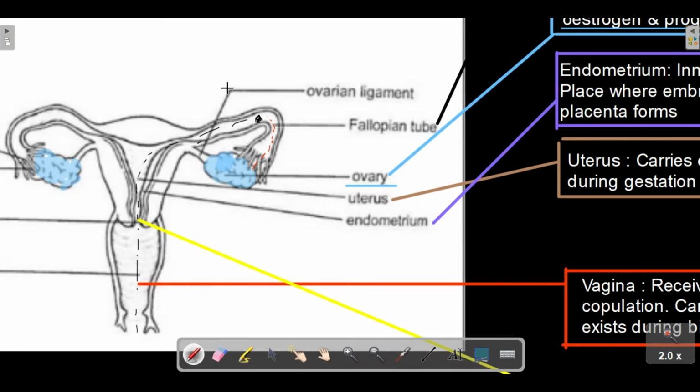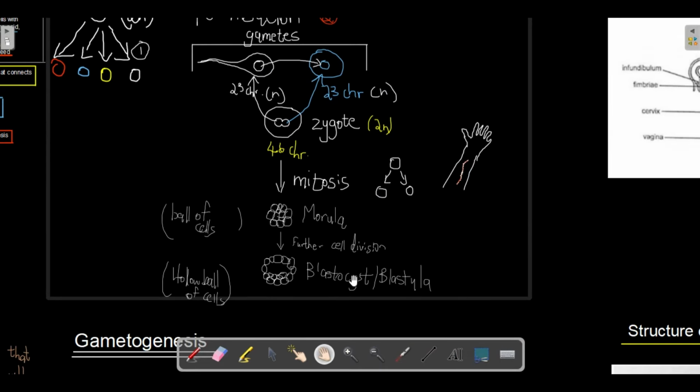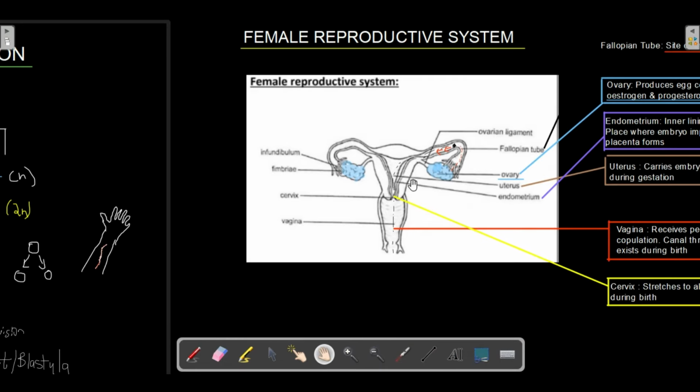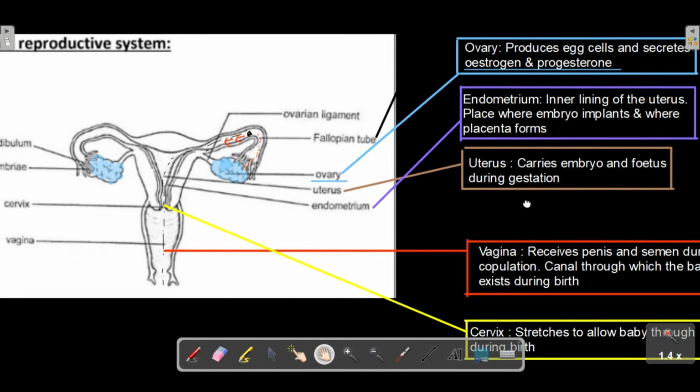After fertilization occurs, that zygote will then move down the fallopian tube towards the endometrium. As it moves down, it develops, as we said, from a zygote to a morula to a blastocyst, and then it will implant there in the endometrium as a blastocyst.